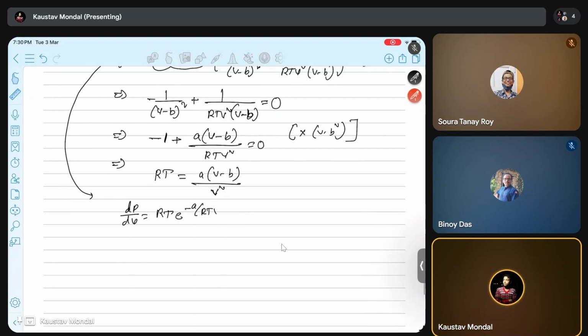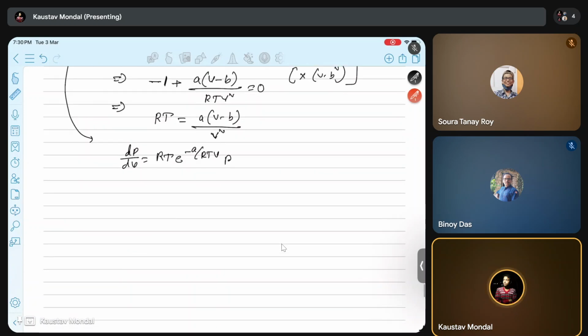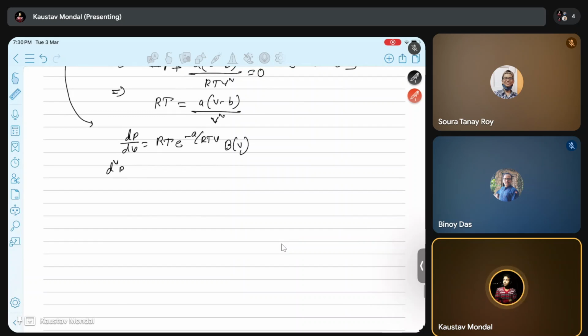Now for the ease of calculation, let's write this function as B function of V. Okay. Now similarly, if you take the second derivative d square P by dV square, this whole thing will become RT e to the power minus A by RT by V into A by RT, V square into B(V) plus dB by dV, right?